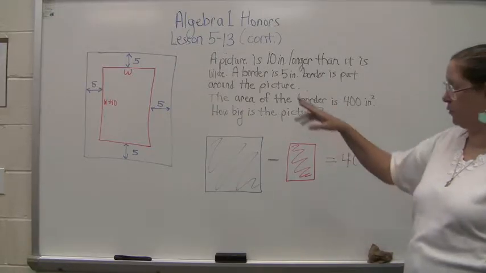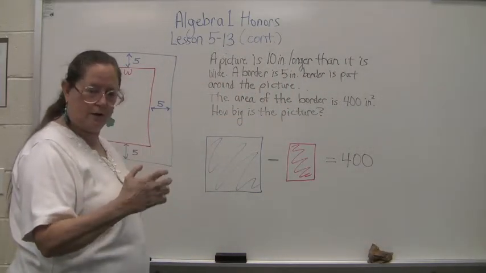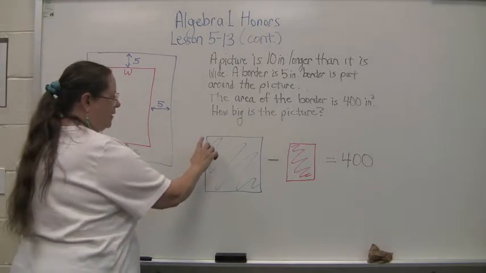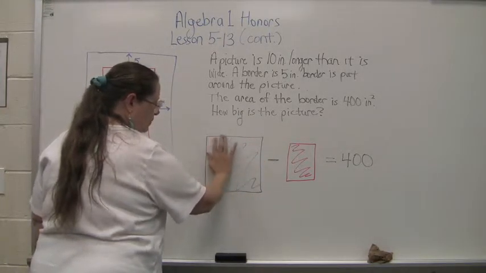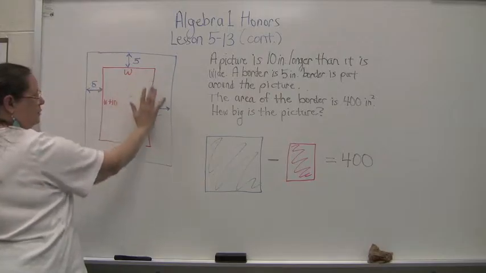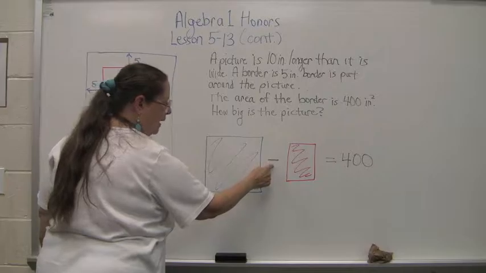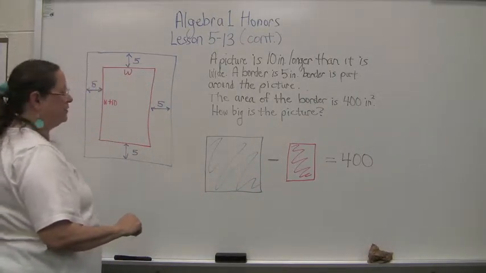Well, this is a problem of calculating the difference between two areas. Okay? You want to find the area of the big blue rectangle. So imagine the red rectangle wasn't even there. You want to find the area of the blue rectangle minus the area of the little red rectangle.